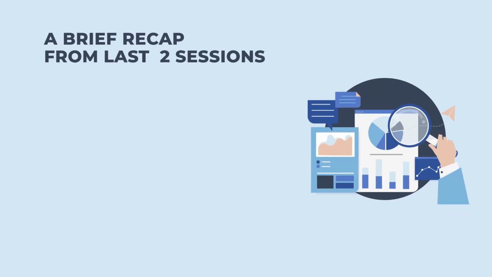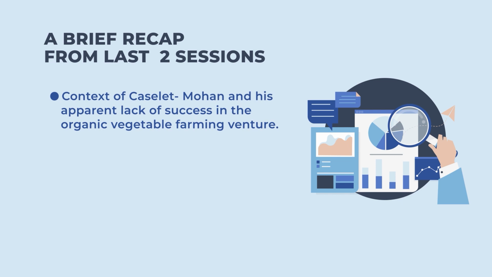In the last two sessions, we had taken the context of a caselet where we had an organic vegetable grower, Mohan, and his apparent lack of success in his organic vegetable farming venture.